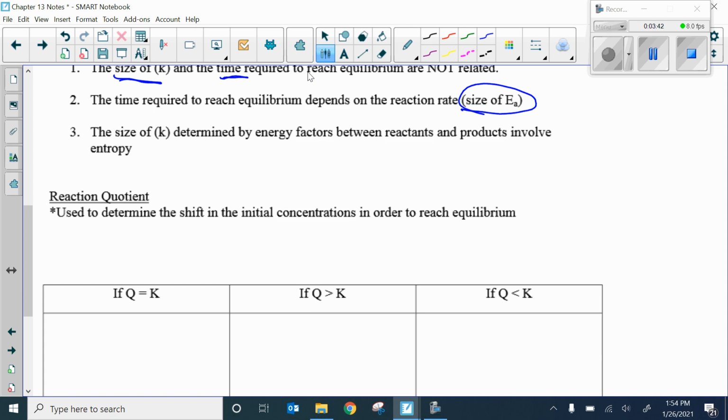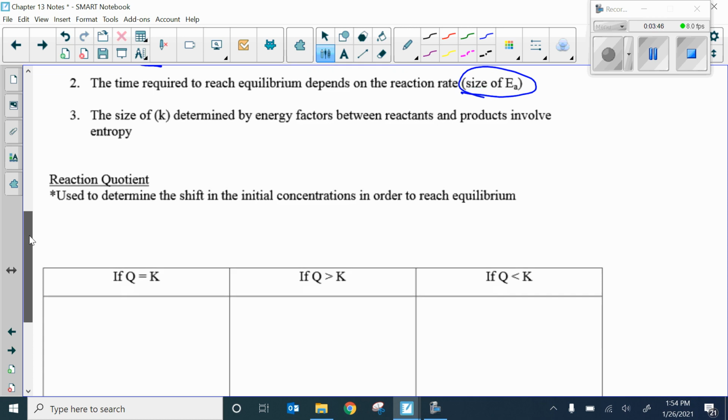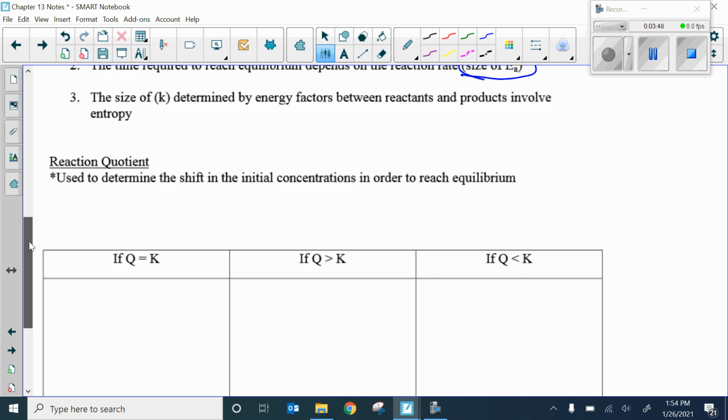So how much energy is needed there to break those bonds and reform them to make your products. And the size of K is determined by the energy factors between the products, which involve entropy. Now we haven't talked about entropy yet, and that just simply means organization. So how organized are the reactants and the products to be able to get through the reaction?